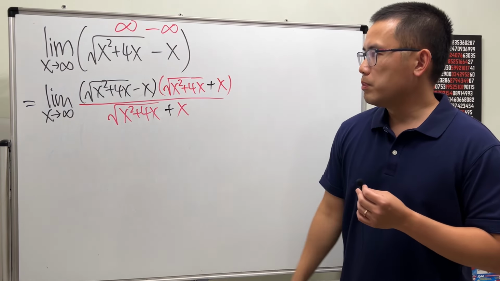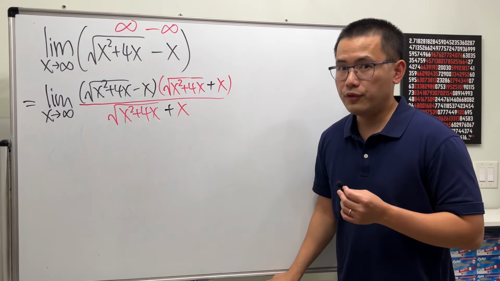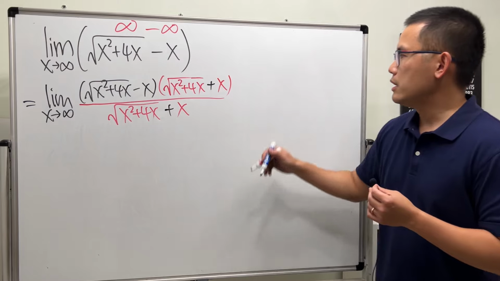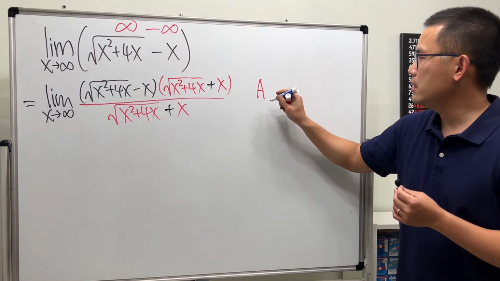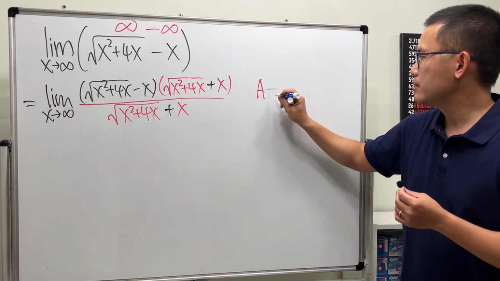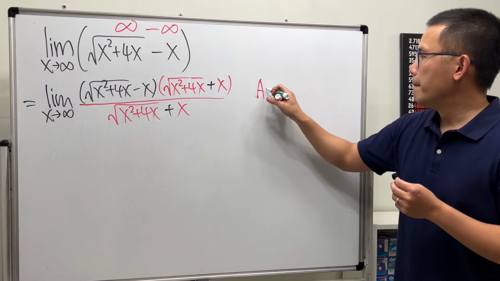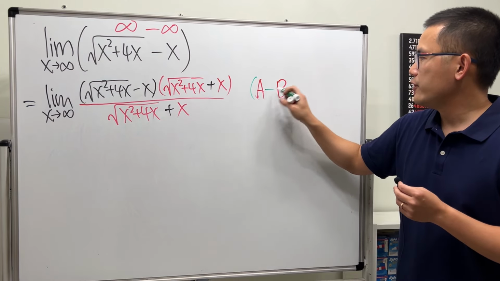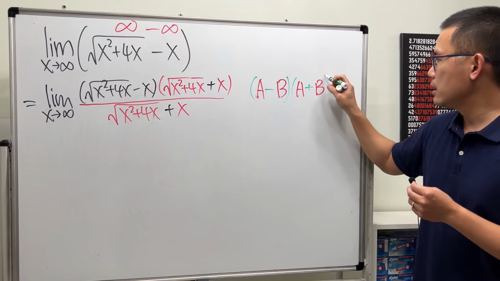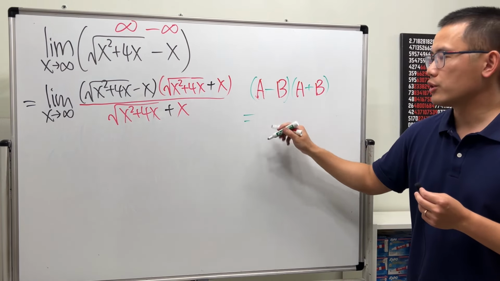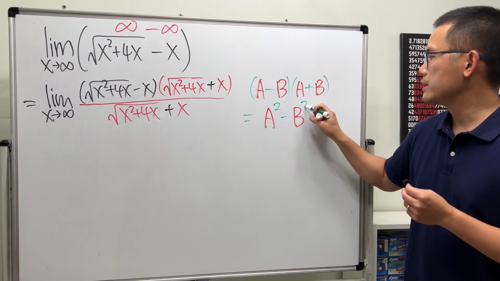The beauty of multiplying by the conjugate is because of the difference of 2 squares. Here, note that if we have a minus b, and then if you multiply that by a plus b, the result for this is just going to be a squared minus b squared.